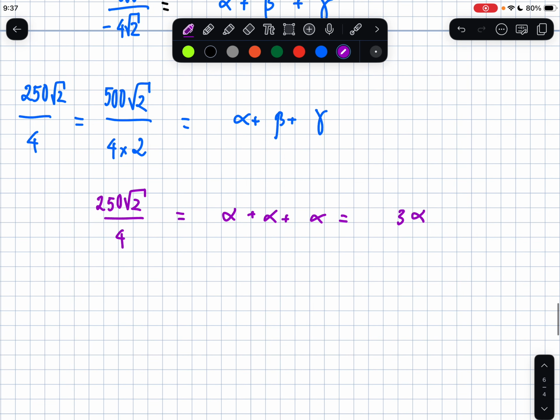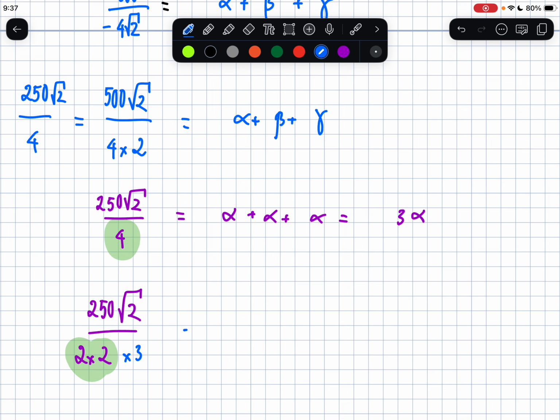We can divide both sides by 3: 250 root 2 over 12. Let's just do 2 times 2 for this 4, and then for that 3, alpha.